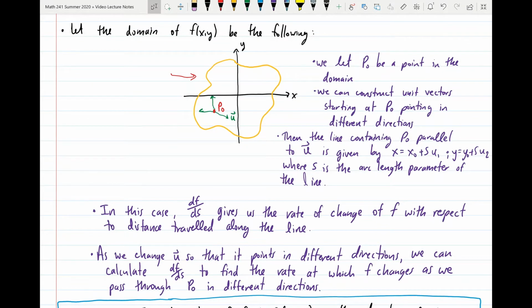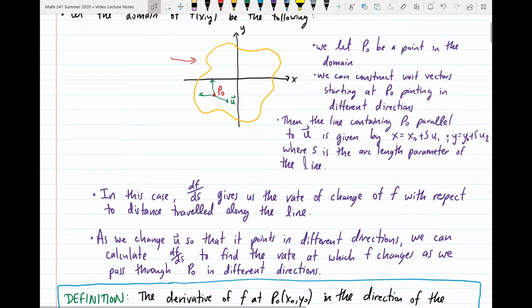Then we can parameterize the line that goes through the point P naught that is parallel to whichever unit vector u we choose. And that parameterization is going to be given by x equals x naught plus s times u1, where u1 is the x component of our unit vector, and y equals y naught plus s times u2, where u2 is the y component of our unit vector.